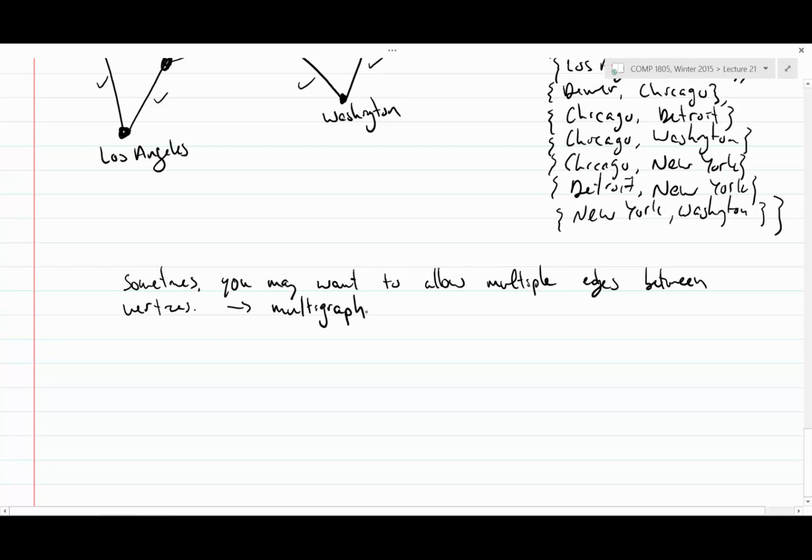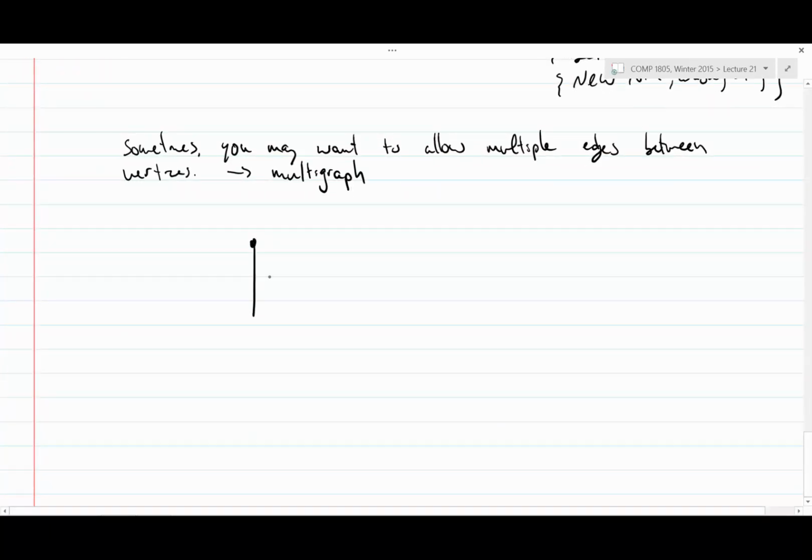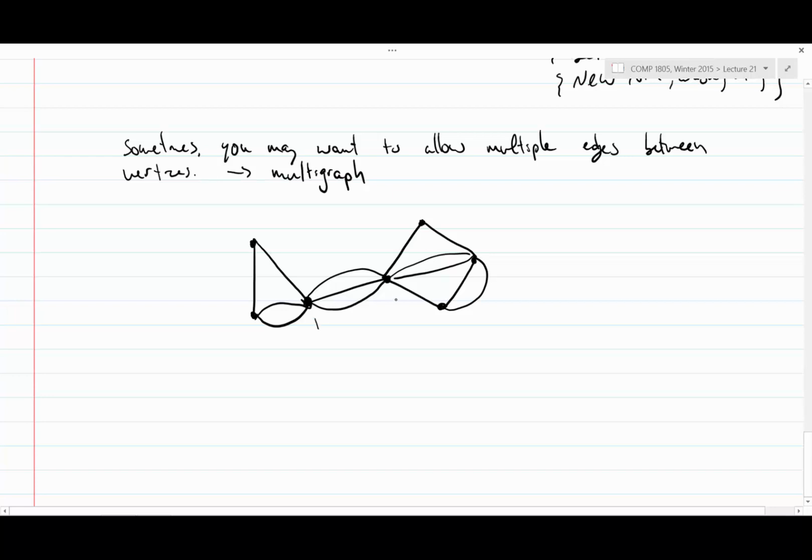So you know you have a multigraph when there's possibly more than one edge between vertices. So this would be an example of a multigraph. Notice between this vertex here and that vertex there are in fact 3 edges.